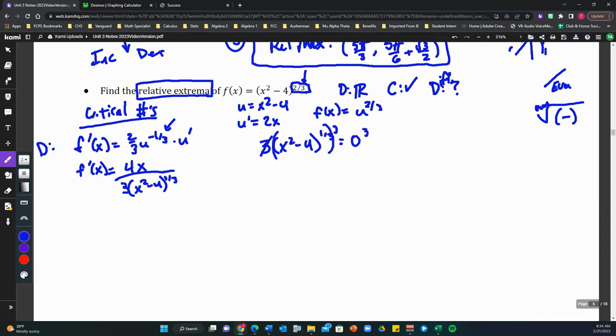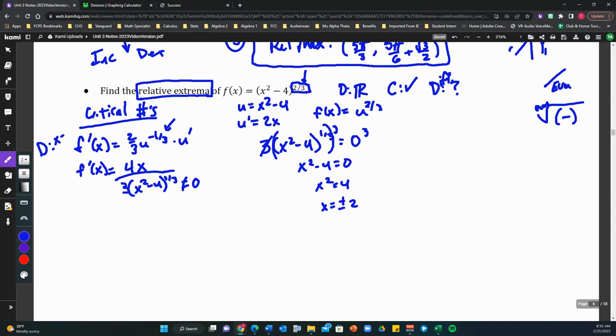And essentially, it really just means the inside has to be equal to 0. Well, x squared minus 4, that's x squared equals 4. And we know that that will produce plus or minus 2. Those are critical numbers. Those are values of x that will make the denominator equal to 0, and that's what we can't allow to happen.